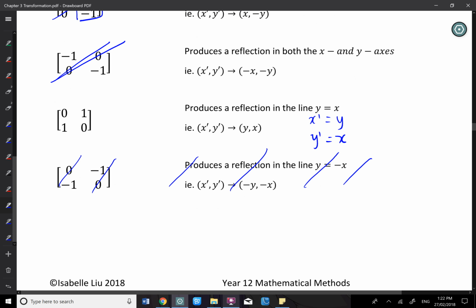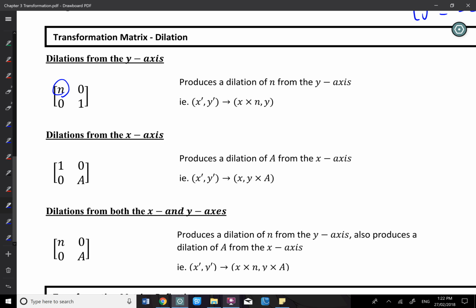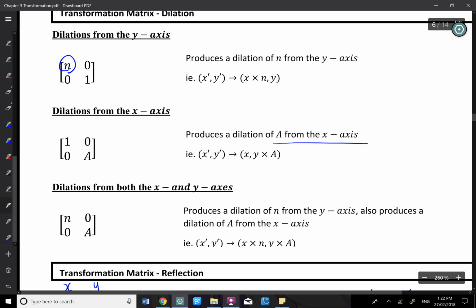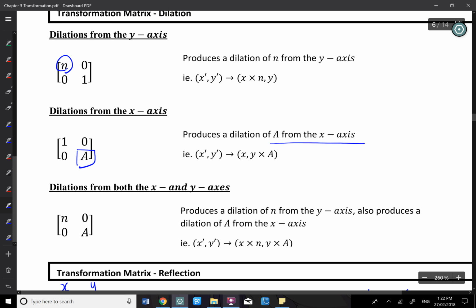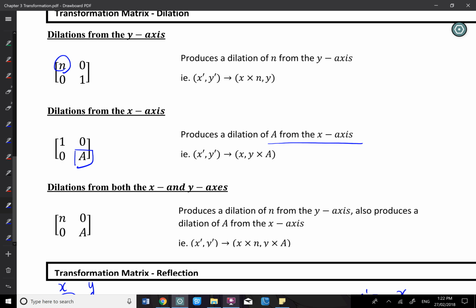Okay, so let's come back to the dilation. If I say there's a dilation of n from the y-axis, it's changing the x. So your x will become n times the original x, so there is an n here. A dilation of a from the x-axis is changing the y value, so there will be an a here. You keep the original x, it's still 1x, but the y becomes ay.